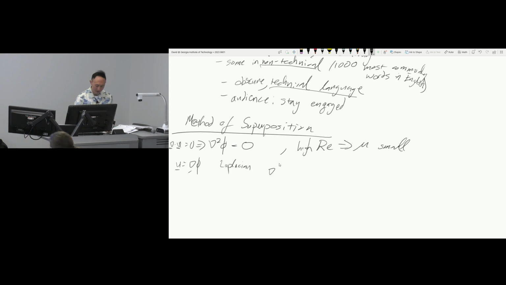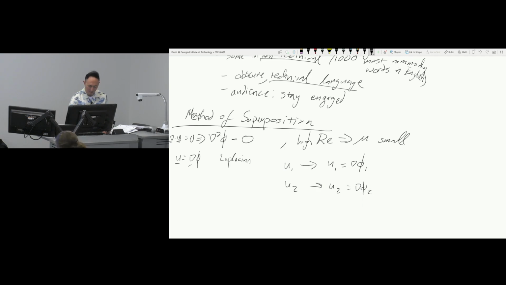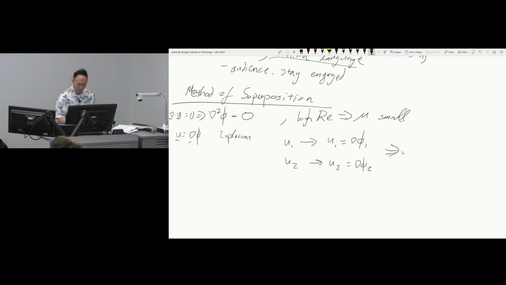Well, basically, the idea of superposition: if you've got flow 1, U1 is equal to del phi 1, and U2 is equal to del phi 2, and each of those satisfy Laplacian, then the sum of those is going to satisfy Laplacian.